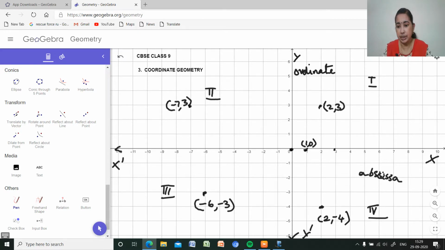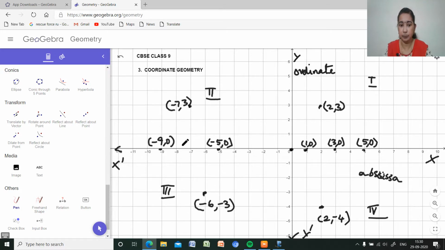Whereas this point we can write as (3, 0), this coordinate as (5, 0), and on this side it is (-5, 0), and here this can be written as (-9, 0). So any point on the x-axis, the y value will be 0.